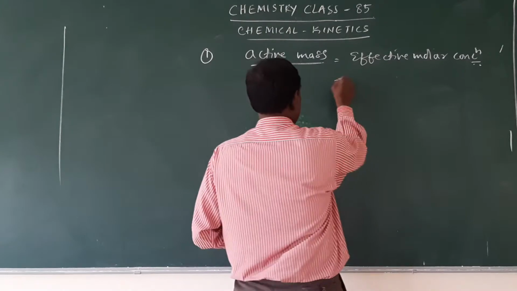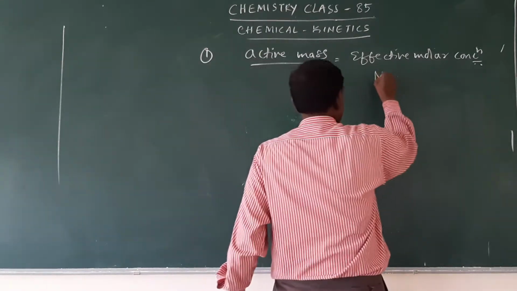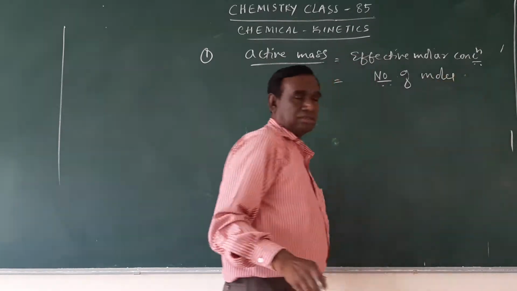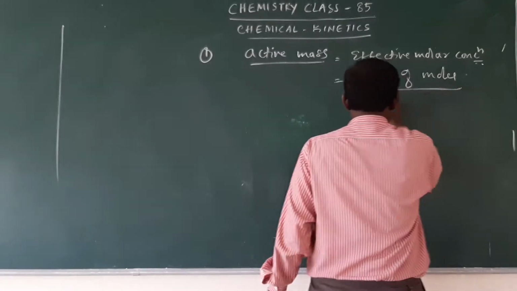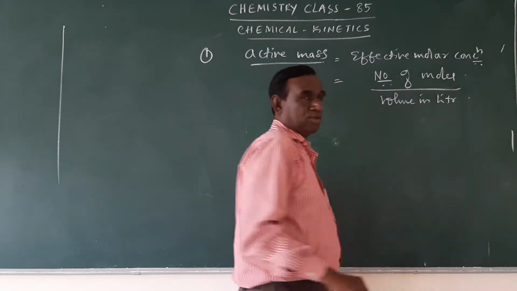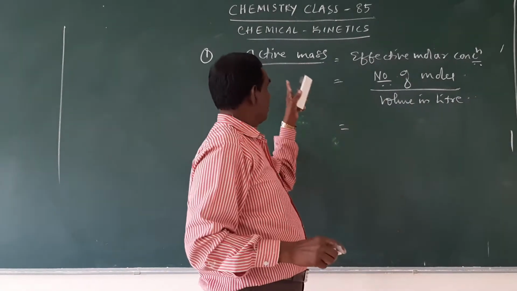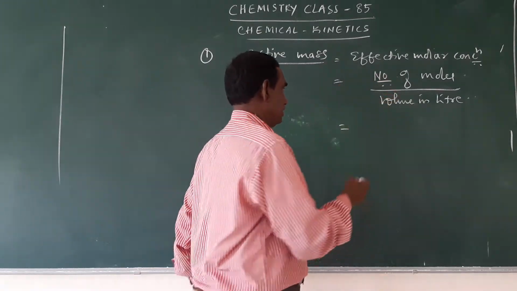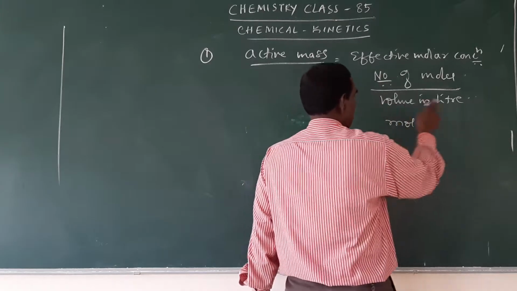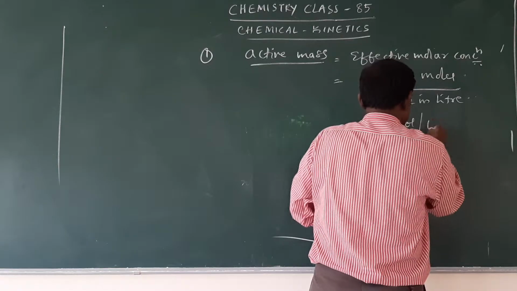What is the molar concentration? It is the number of moles divided by the volume in liter or dm cube. So what is the unit of active mass or molar concentration? It will be the number of moles, that is mole, divided by the volume in liter, so mole per dm cube, or mole per liter.